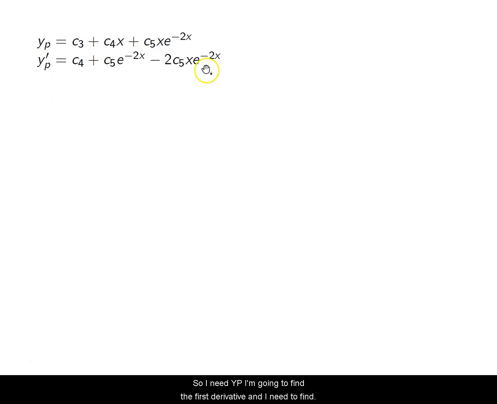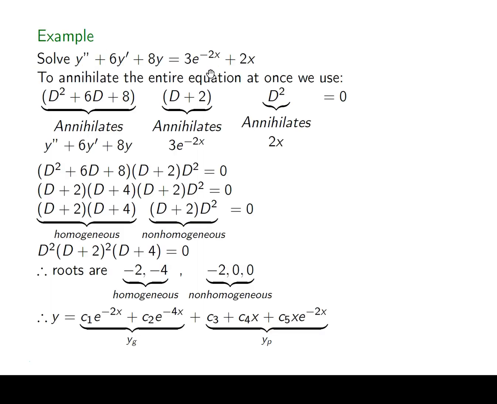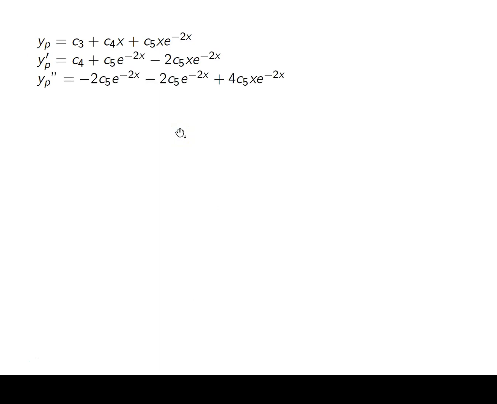So I need y_p. I'm going to find the first derivative, and I need to go up to the second derivative. I differentiate: C3 goes away, C4 is a constant, and then I have the product rule. Then C4 goes away, this gets differentiated, and I use the product rule one more time. I'll give you a second to write this down, because I know you are taking notes as you watch this video.